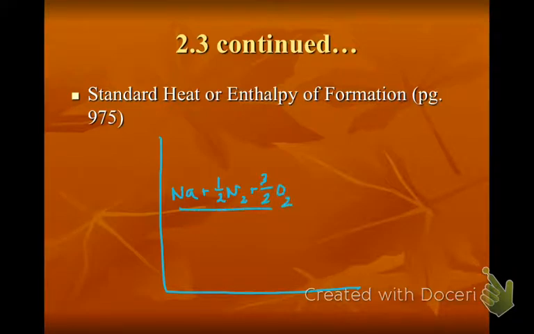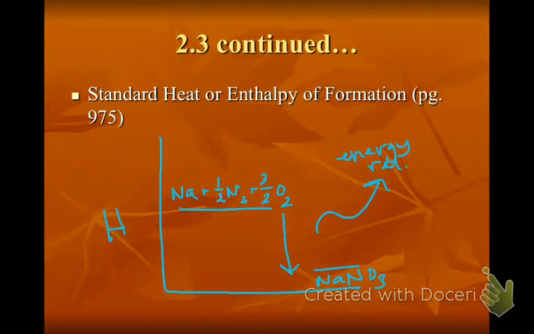So going from those elements to the compound NaNO3, we're going to be releasing energy. But not every compound is like that. There are certain compounds where if you put them together, it's actually going to require energy, and that would indicate that the compound is less stable than the elements that make it up.